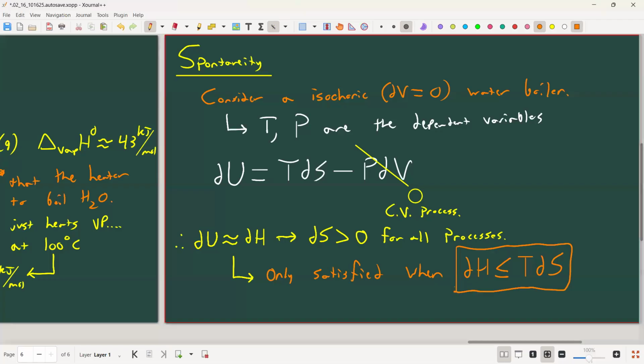And so in order for boiling to occur spontaneously, we need to be in a situation where the energy being supplied to the system is enough to satisfy the entropic cost of the process. So our process has some change in entropy, and the process is not going to be spontaneous and occur until the amount of heat that we can put in is on the order of the change in entropy.